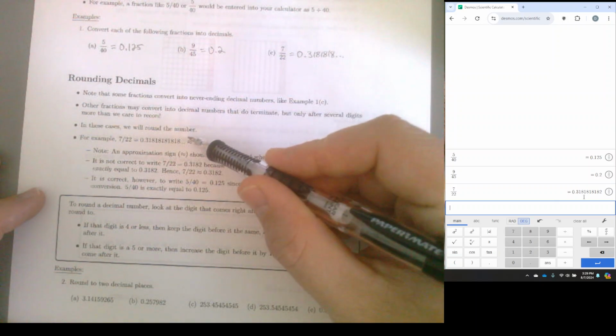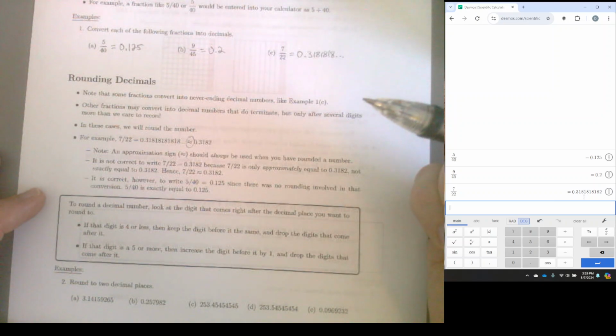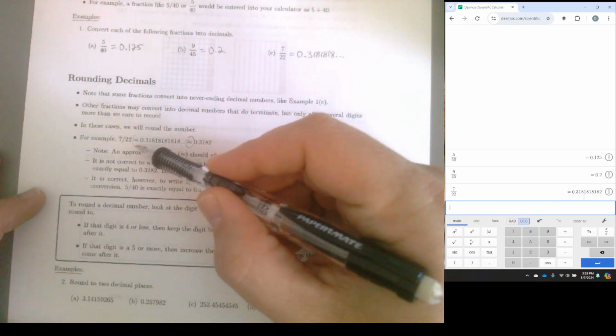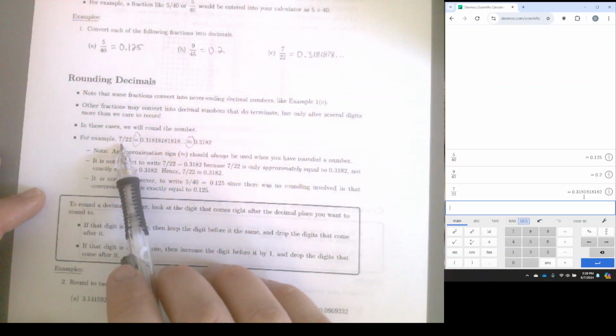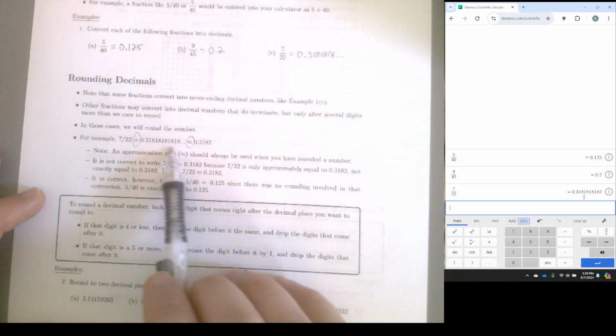Notice that I'm using the approximation sign here, and the equal sign there. That's because 7/22 is exactly equal to this number when the decimal repeats forever, but it's only approximately equal to 0.3182, so it's not exact, and that's why I'm using an approximation sign.